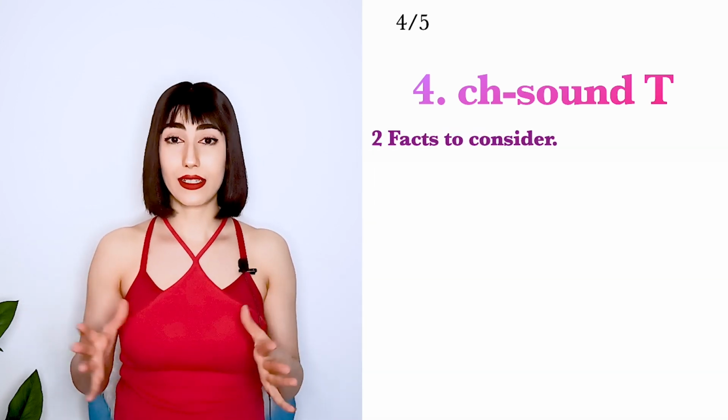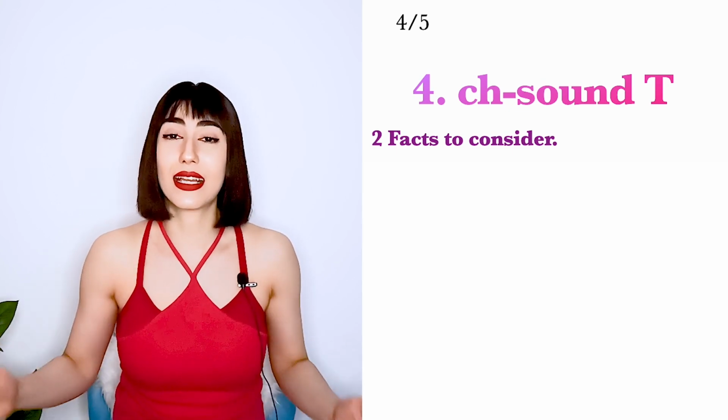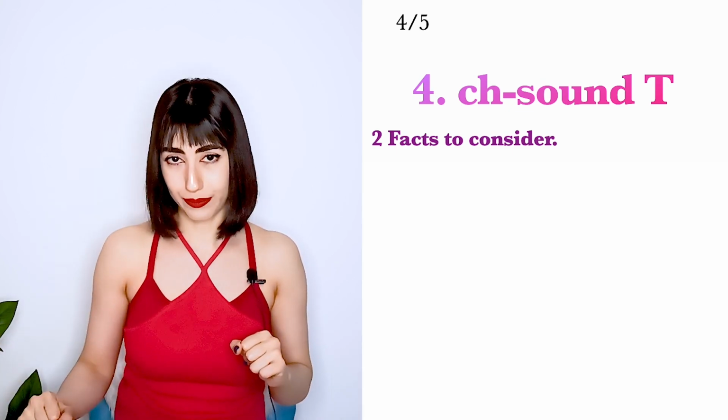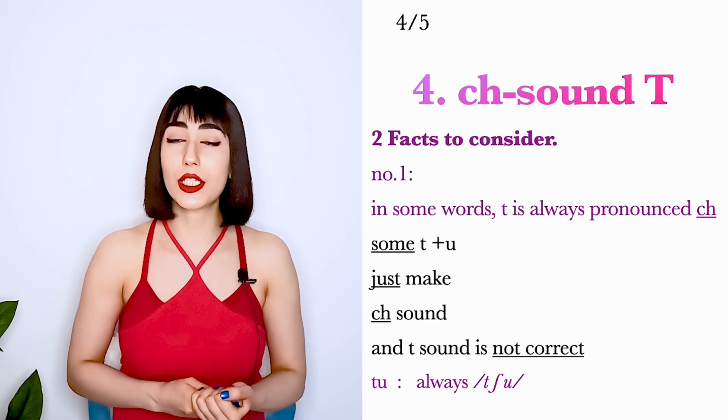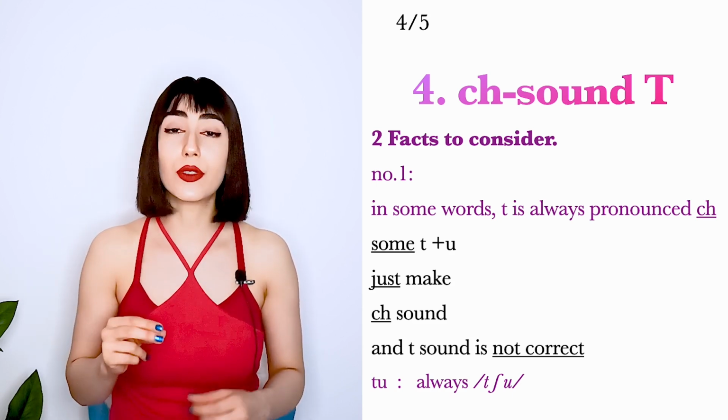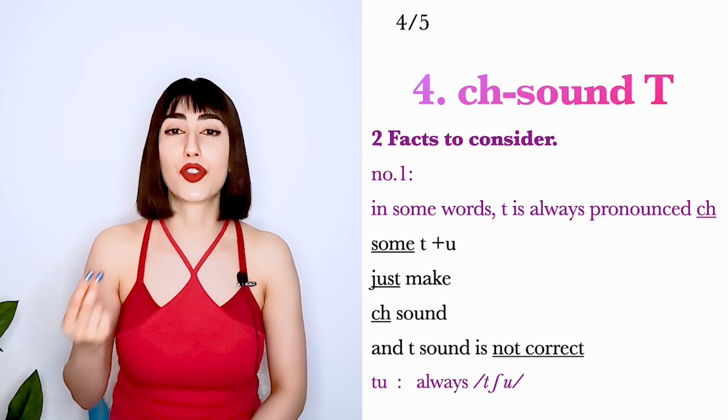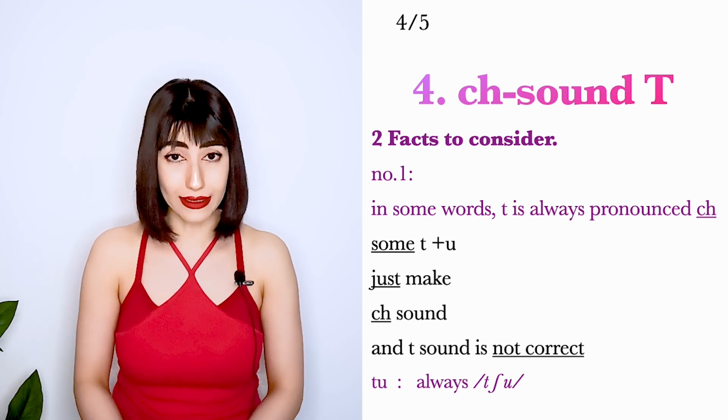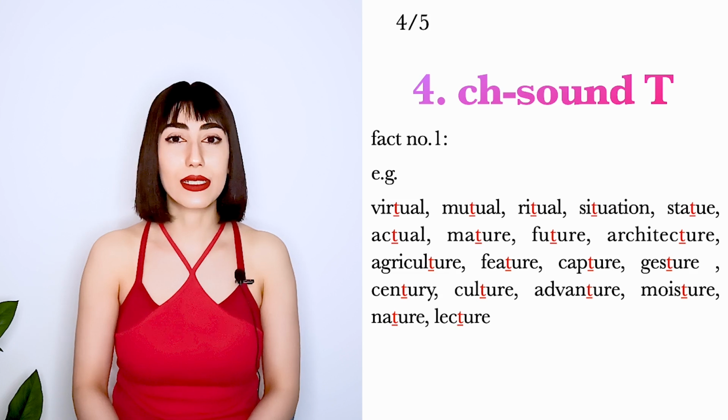Talking about these ch and sh sounds, there are two facts to consider. First of all, sometimes in English, we have T plus U sounding ch, and you have to say ch. T is not correct, like in these words.